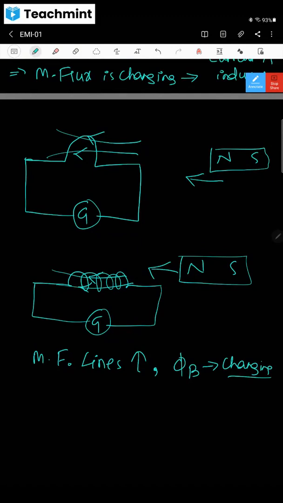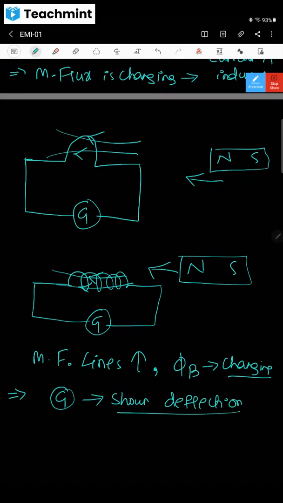Are you getting my point? Flux is changing or not? Tell me, dear children. It is changing. So this galvanometer shows deflection, right? It shows deflection in one direction.